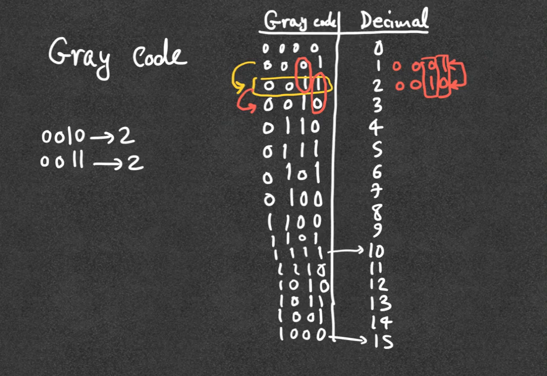The chance of getting errors is higher when neighboring codes differ by more than 1 bit. That's why Gray code is used in transmission, in mobile communication as well, since each of the neighboring numbers differs in only 1 bit.